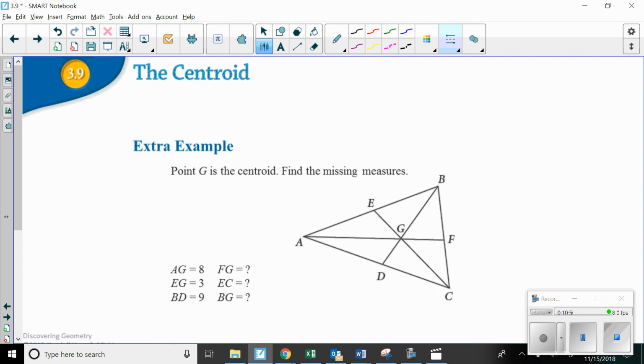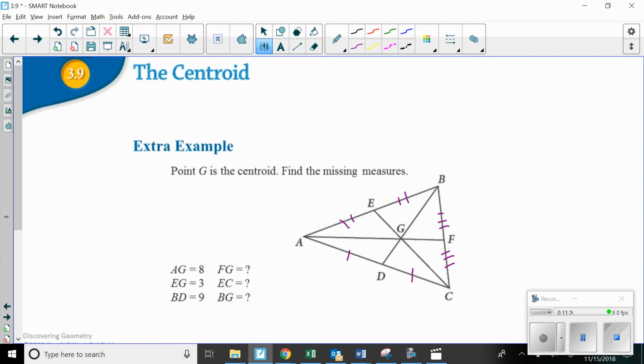So that means BD is a median, which makes these two pieces of the side AC congruent. These two pieces are also congruent, and BF and FC are also congruent. So that's the very first thing I'll do when I realize that G is the centroid, and that's a given.